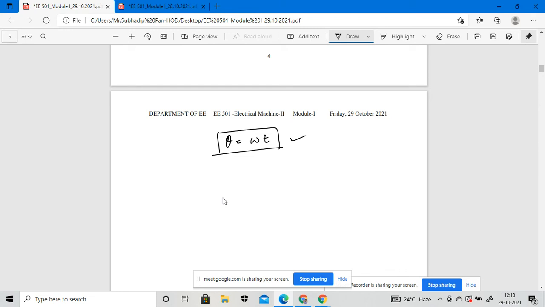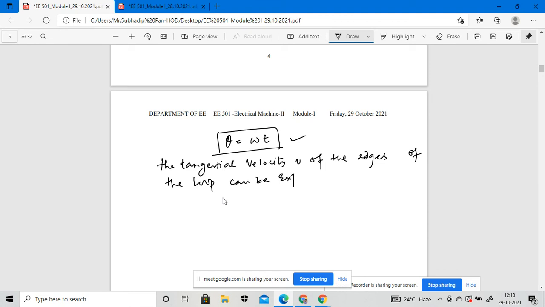Also, we can say that the tangential velocity v of the edge of the loop can be expressed as r into omega.